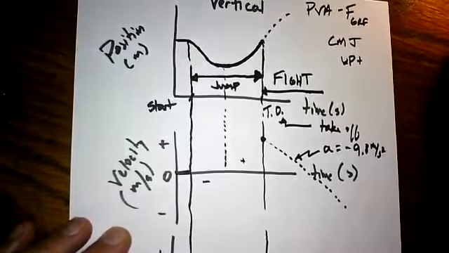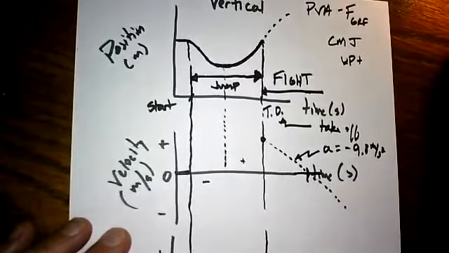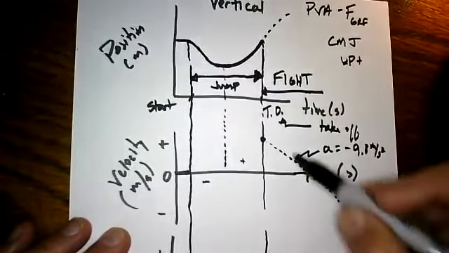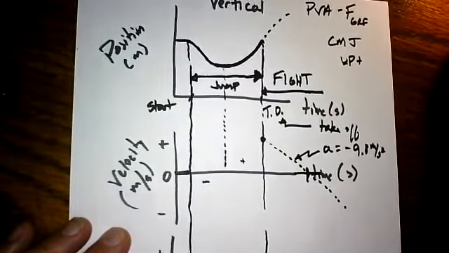The slope of this line is negative 9.8 meters per second squared. And the way I've drawn this, I would identify the highest point of the jump right where velocity passes through zero. Why is acceleration negative 9.8 meters per second squared? Because the person's in the air and the only force acting on the person is the force of gravity. And gravity causes all objects to accelerate at negative 9.8 meters per second squared.